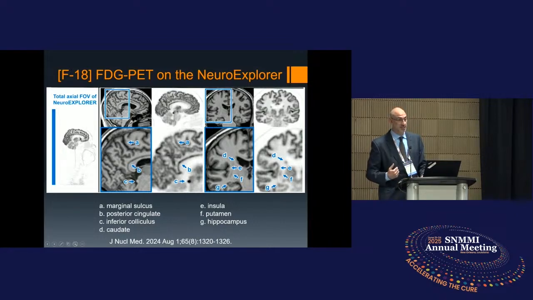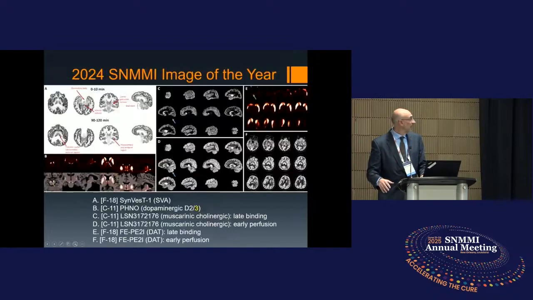This is a publication that came out this past year that I was just at the editorial meeting, won paper of the year for the journal for the society. And this image actually a year ago won image of the year for the society, which is a big deal. I mean, there's thousands of people here submitting a lot of different stuff. And it just shows us, without getting too neuroscience-y and detailed, the level of detail we've never been able to see before in the human brain using PET. And it's not going to get worse. It's going to continue to get better.